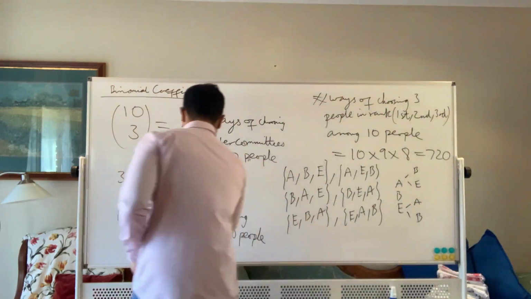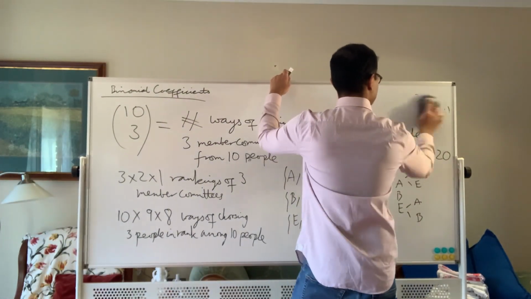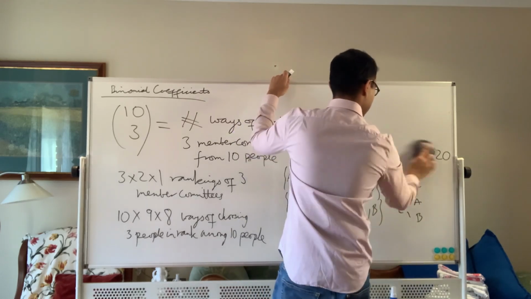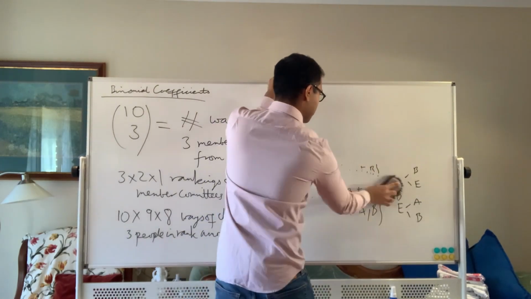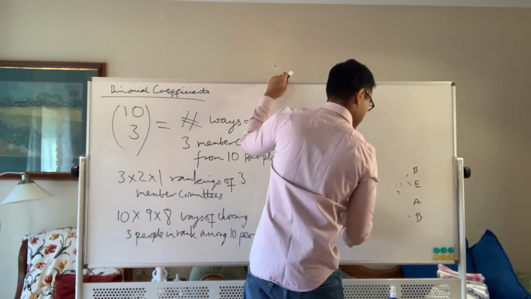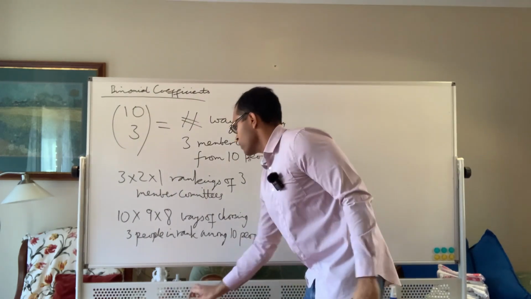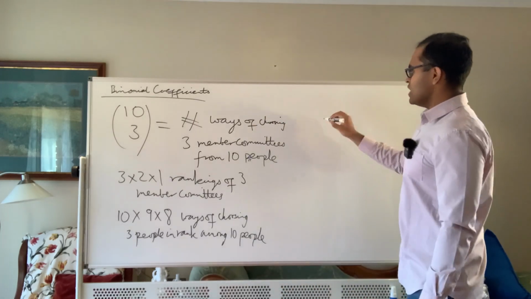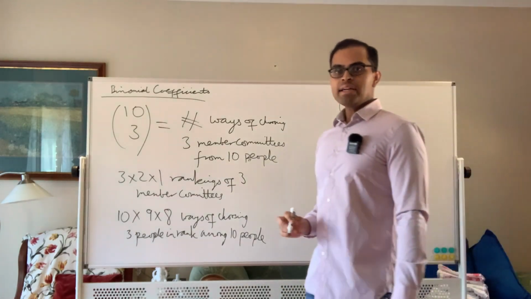Okay, so I'm going to erase this now. And we're going to find out what 10 choose 3 is. And it's going to give us the general principle for the general question. So what is 10 choose 3? 10 choose 3 is the number of ways of choosing 3-member committees from 10 people, right?